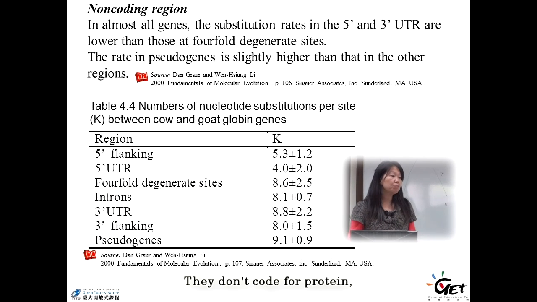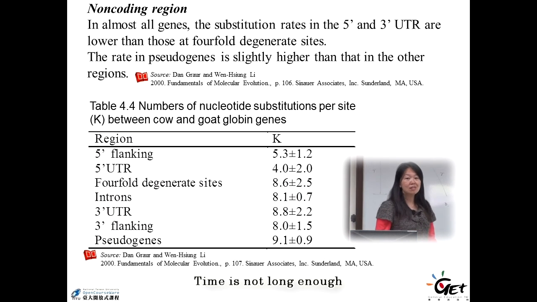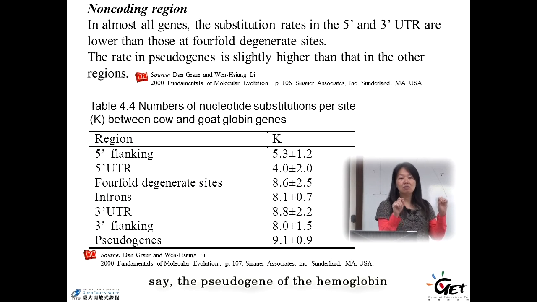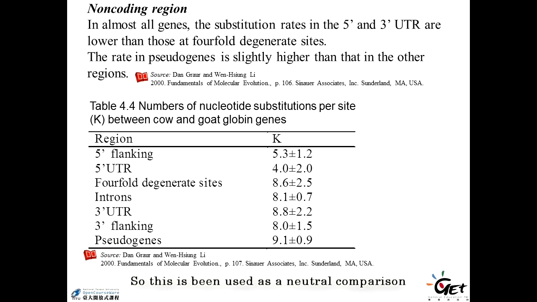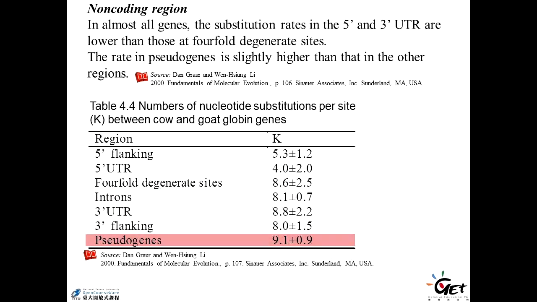They don't code for protein, they do nothing, they just sit in the genome. It's just that the time is not long enough, so we are still able to recognize it as, say, a pseudogene of hemoglobin, but it has no function in our cell at all. So this is being used as a neutral comparison.